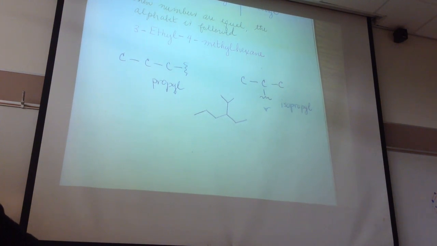All right, so we want to make sure that we really establish the parent. Rule number 1 is establishing the parent. The parent is the longest continuous chain before you lift your pencil, all right? So it can be 1, 2, 3, 4, 5, 6, or it could be 1, 2, 3, 4, 5, 6.